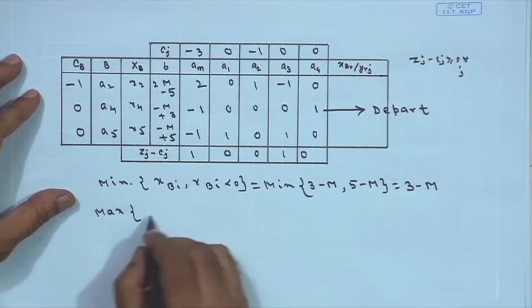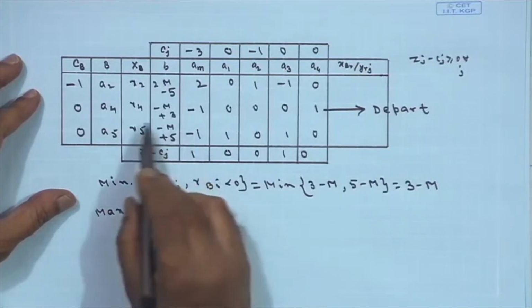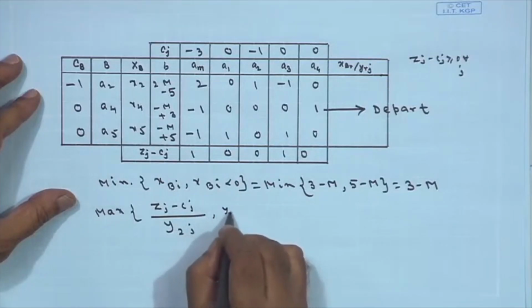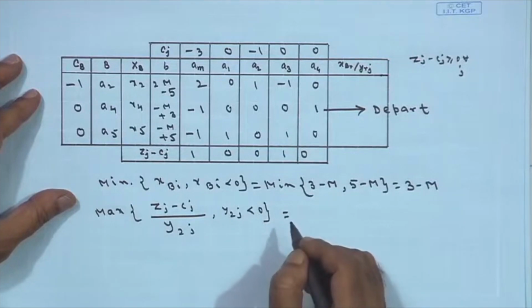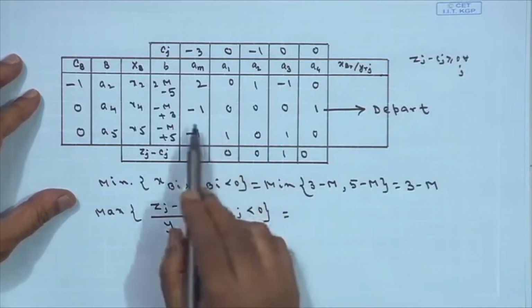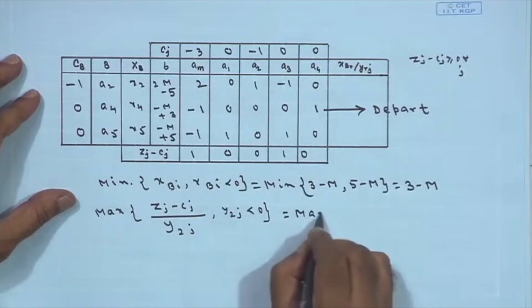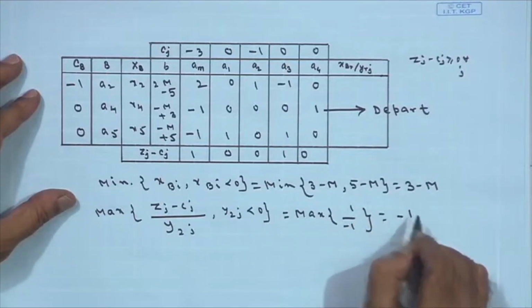Okay. So, the variable x4 will leave, and now I have to calculate which vector will enter. So, Zj minus Cj by y, this is the second row. So, it will be y2j, where y2j should be less than 0. I will check where y2j is less than 0. y2j is less than 0 in this row at only one place. So, it is the maximum of 1 by minus 1, so it is minus 1.